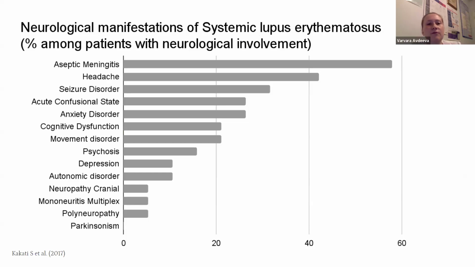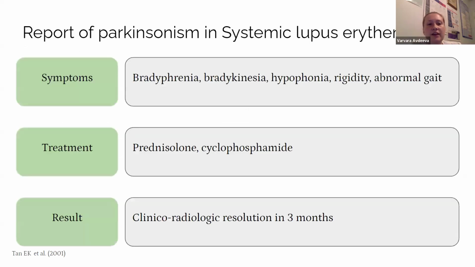Mostly people with involvement of nervous tissue present with aseptic meningitis, headaches, seizure disorders, confusional state, and also there is a report of Parkinsonism. And the patient had bradyphrenia, bradykinesia, hypophonia, rigidity, abnormal gait, and this patient was started on prednisolone and cyclophosphamide. And this patient also had an improvement in clinical symptoms and on MRI.